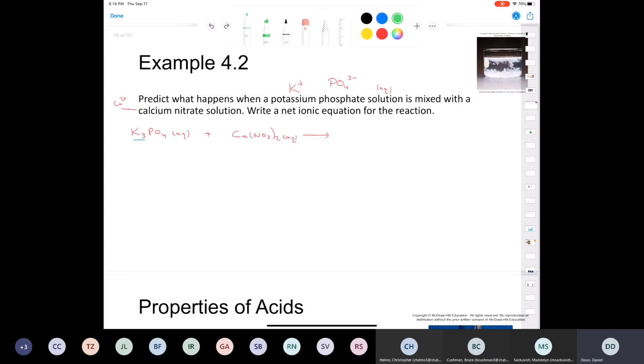The first one is potassium nitrate, and potassium has a charge of +1, nitrate has a charge of -1, so we have KNO3. We're going to look it up in the solubility table in a second, and then we're going to have calcium phosphate, which is Ca3(PO4)2, and we need to look that up as well.